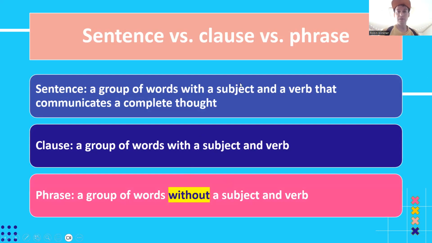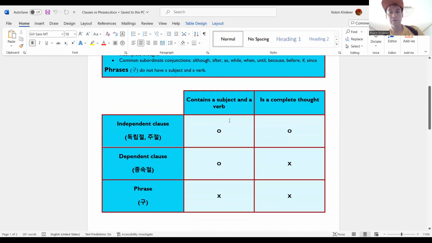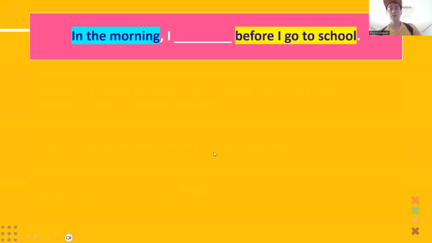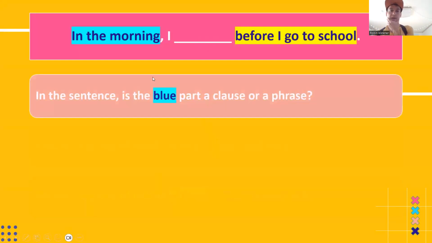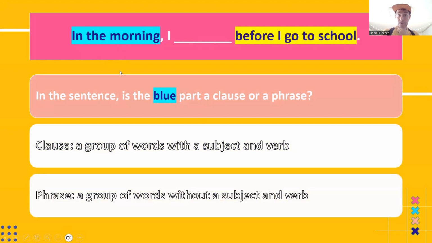All right. I just want to point out in the clauses versus phrase handout, you can see this chart. We're going to talk about this chart very soon. So here is a sentence that's missing the verb. In the sentence, is the blue part, in the morning, a clause or a phrase?